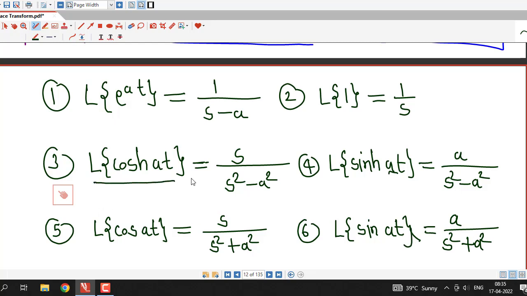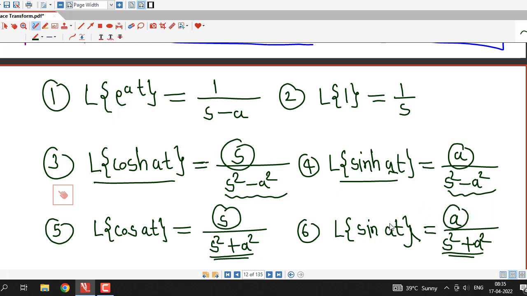So here you can understand the difference. If you have cos hyperbolic function, you have s square minus a square. For sin hyperbolic also, and for trigonometric functions cos and sin, we have s square plus a square in the denominator. For cosine, we will put s in the numerator. For sin, we will put coefficient of t in the numerator.